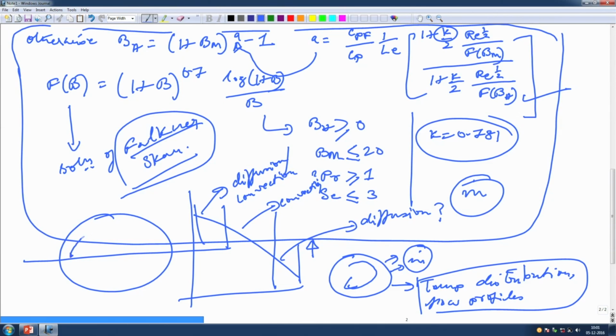Will it be nice and round like this, signifying a purely diffusion dominated situation? That means the isotherms are basically concentric circles. Is it going to be like this, or is it going to be something else? We do not know. Or is it going to resemble the flow profile?